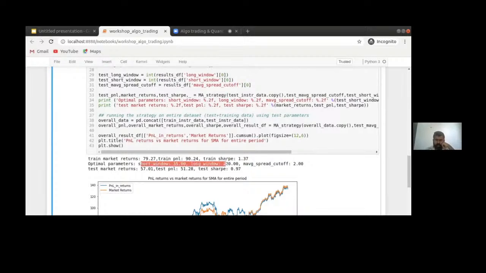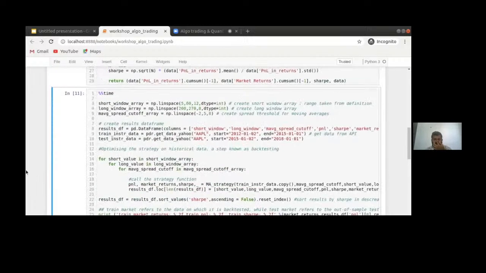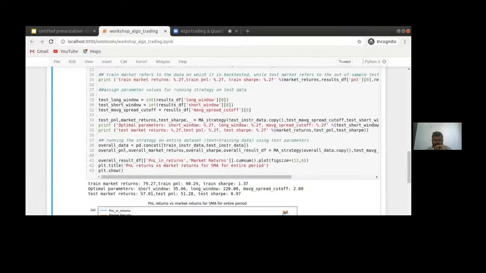These are my optimal parameters: a short window of 35, a long window of 220 days, and a spread cutoff of 2 for running my strategy. And these are the test results: the market return is 57%, the test PNL is 51%, and the Sharpe ratio over test data is 0.97.